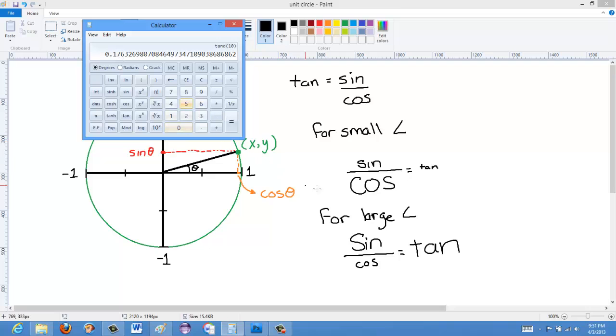And at 80, for large angles, the cosine is very small and the sine is very big, so the tan is also going to be very big. So for 80 degrees, I find tangent, and tan is 5.67, so it's actually very large.